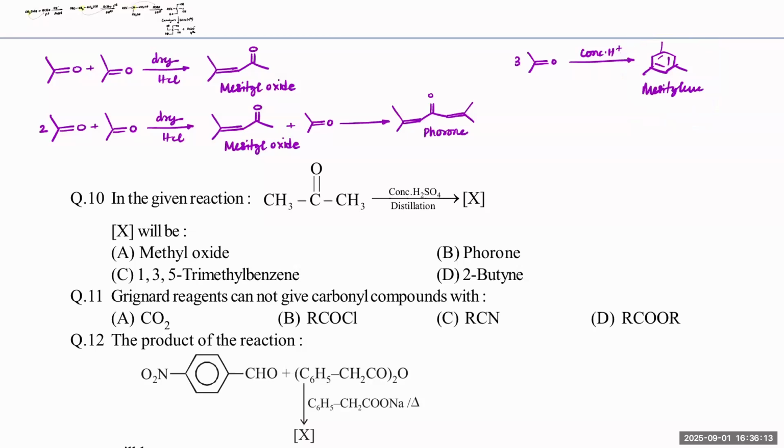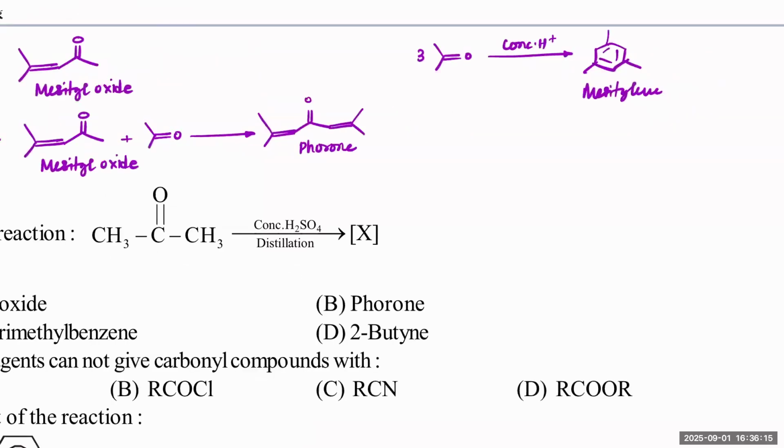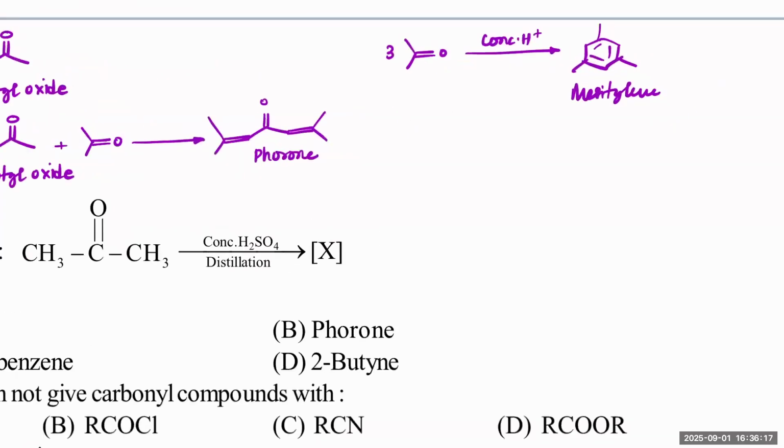Okay. See, mesitylene is in a form where we first convert this into an enol. Imagine keeping this in an enol form like this, with OH and a double bond.